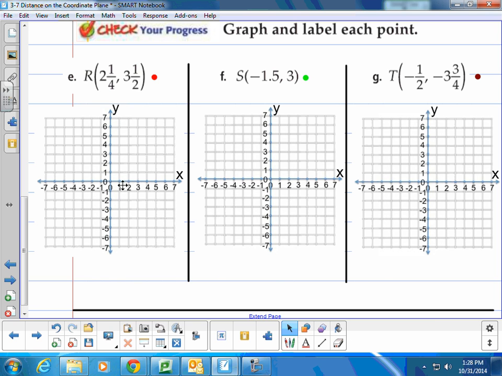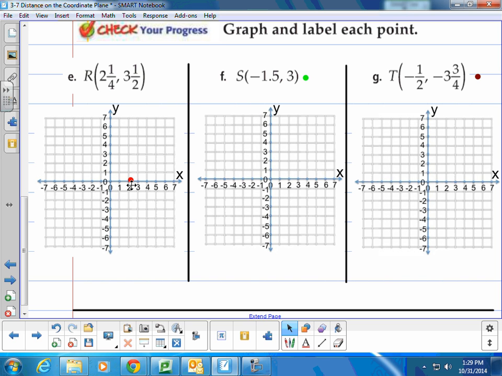So what I'm going to do is, with my dot, I'm going to start at the origin. Since it's 2 and 1/4, I'm going to go over 2 and up 1/4. Just kidding, not up 1/4. Starting over, sorry. I'm at 2 and 1/4 here, and that's my x. So I'm going to go to the right that way. 1, 2, and 1/4 over. So I'm not quite on 2. I'm not on 3. I'm 1/4 of the way.